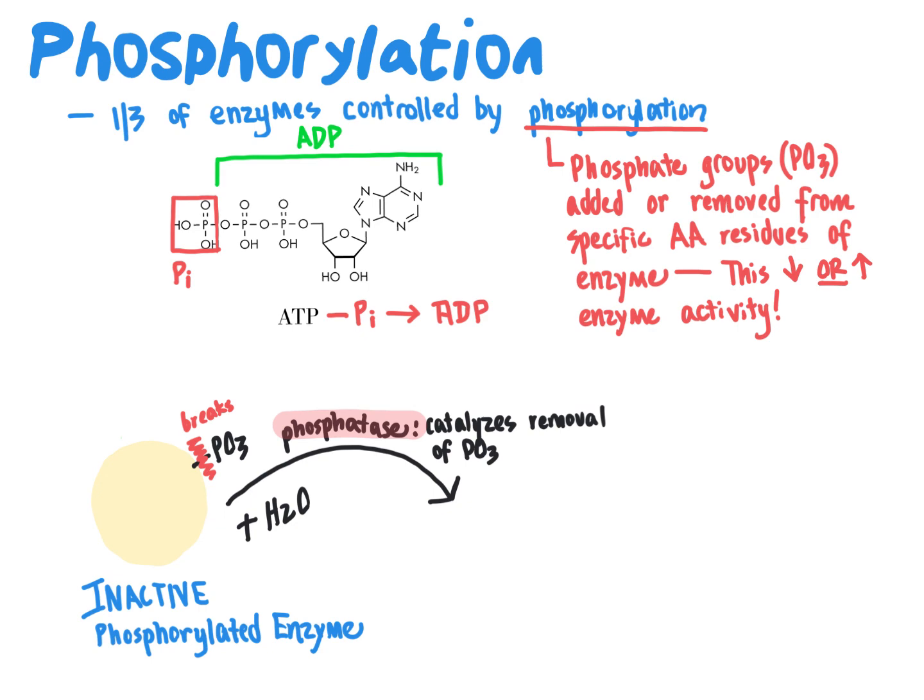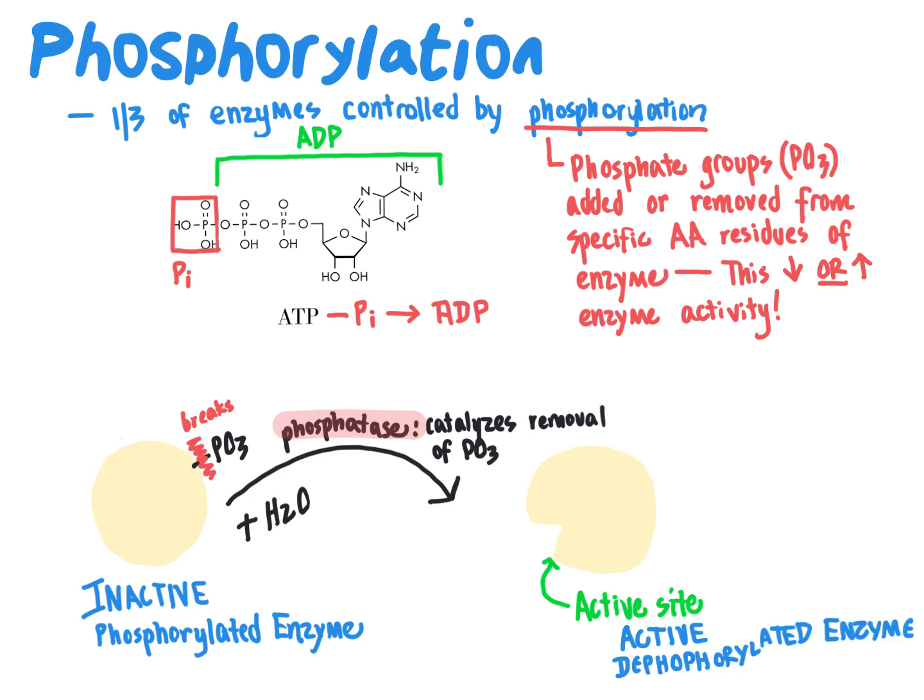This, as a result, creates an enzyme product that, once that phosphate group has broken away, experiences a conformational change, meaning a change in shape that results in the enzyme becoming active, as we can see here from the fact that the product of this, the dephosphorylated active enzyme on the right, now has an active site shape there that a substrate can bind to and ultimately undergo a reaction.